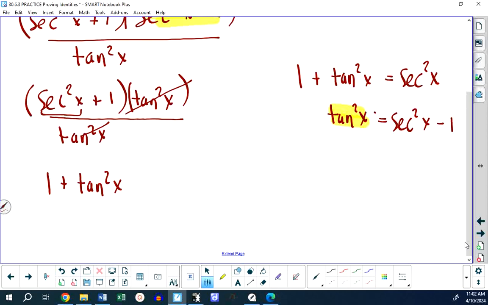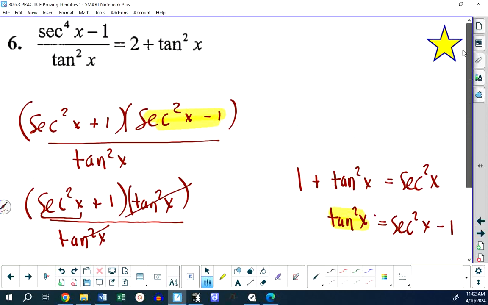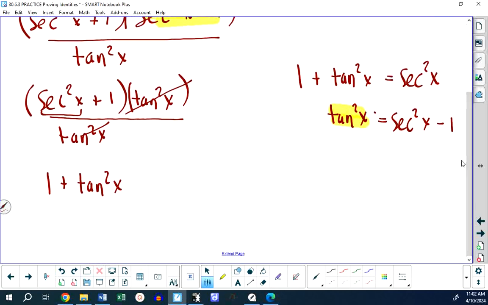Well, I guess we're not quite done. What do we want it to be equal to? 2 plus tan squared of x. Okay, so I'm not going to take that path. Let's rewrite this in terms of sines and cosines. I thought I discovered a nice quick way to get to the answer, but I didn't.